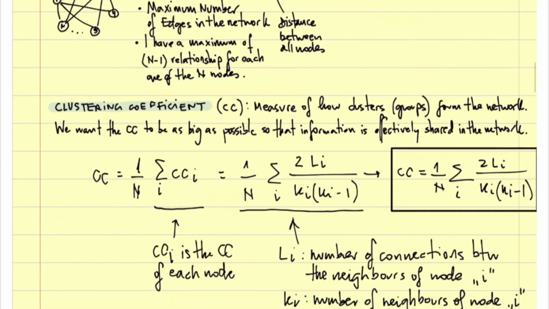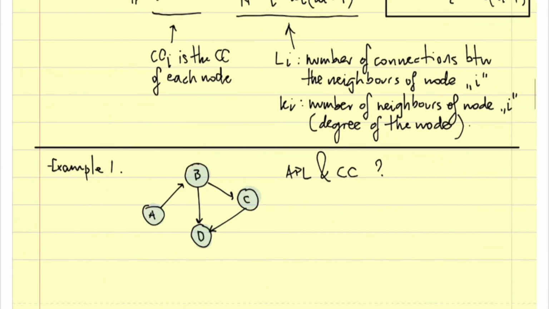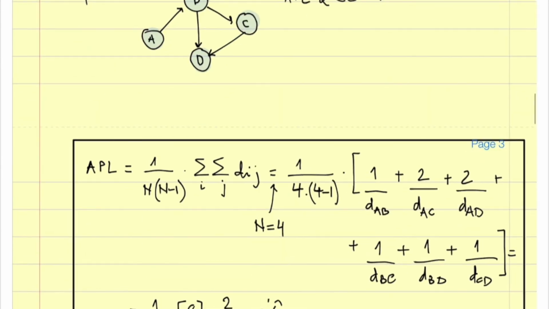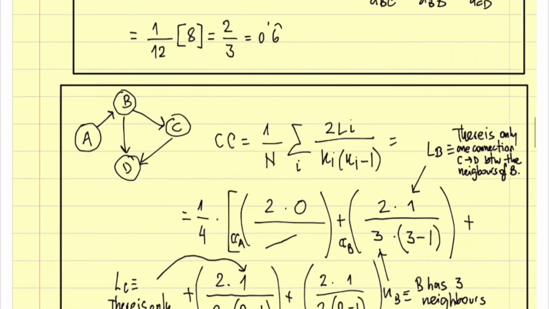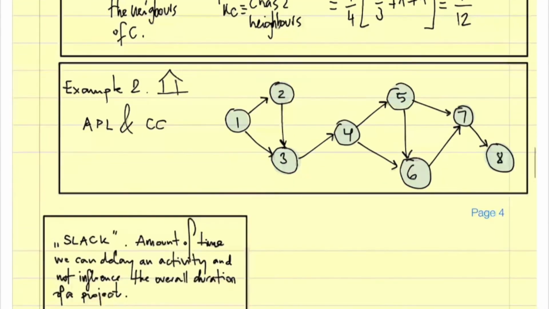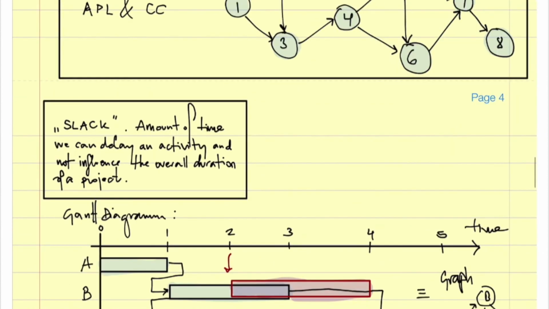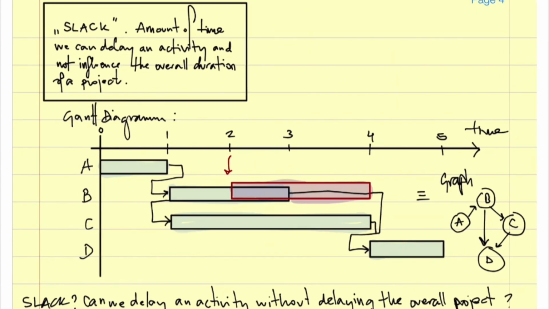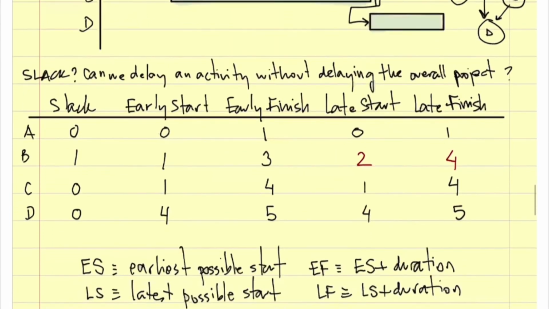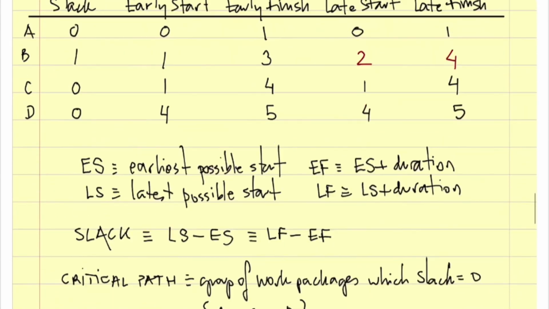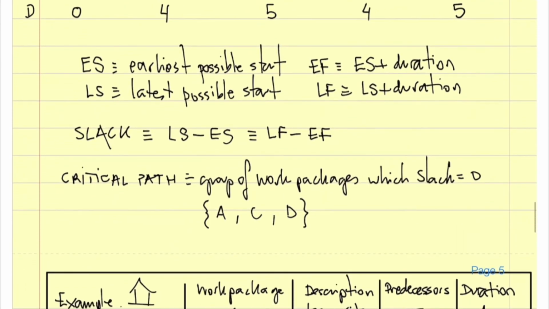Make sure you give yourself several exercises and repeat the exercise, and let me know if you want to check the solutions you get. Then we have learned how to calculate the slack of a project based on the early start, early finish, late start, late finish logic, and the critical path. Okay?